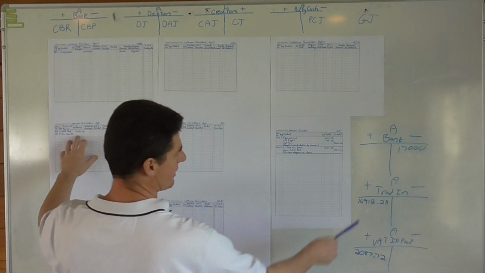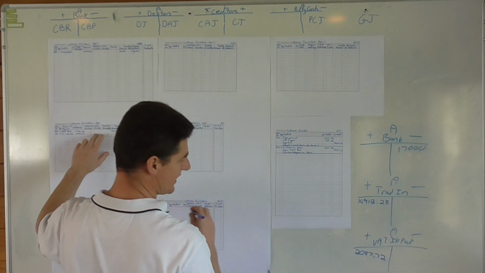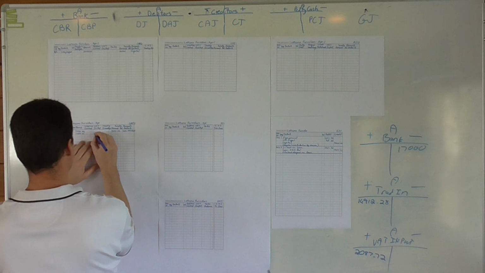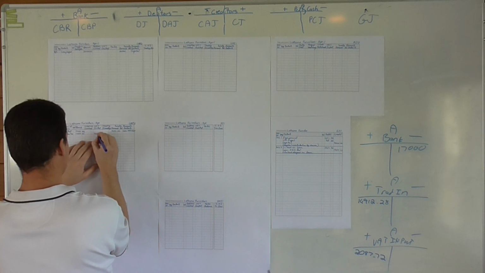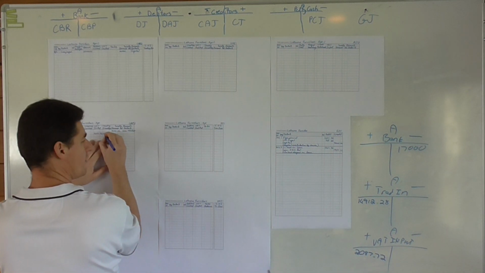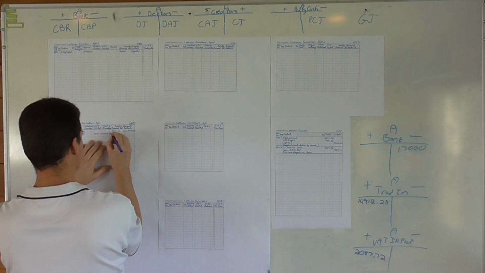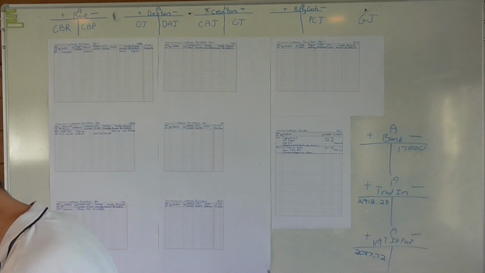Then the bank 17,000, the VAT input 2087.72, trading inventory 14912.28. Great stuff.